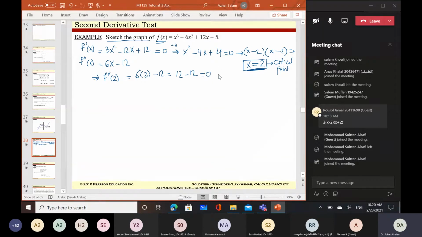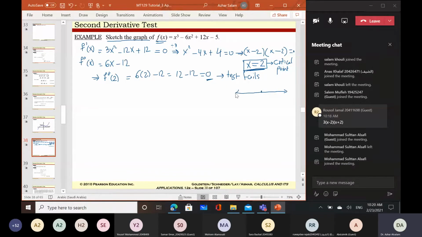So here the test fails. We said that the test fails when I have a 0. So I can't find out from the second derivative whether it's a maximum or minimum, but it could be an inflection point.